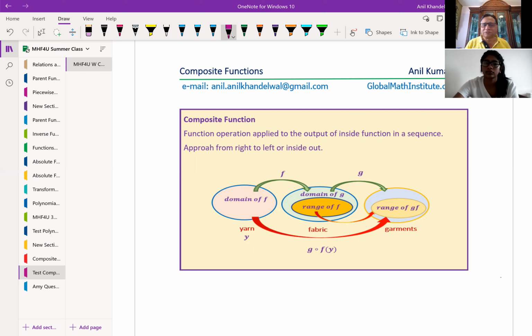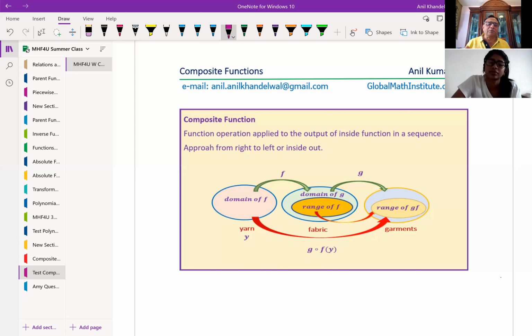Different kinds of yarns will give you different kinds of fabrics, so we have the whole range of the yarn. Now, this range of yarn, which is the fabric, becomes the domain for the garments, correct?